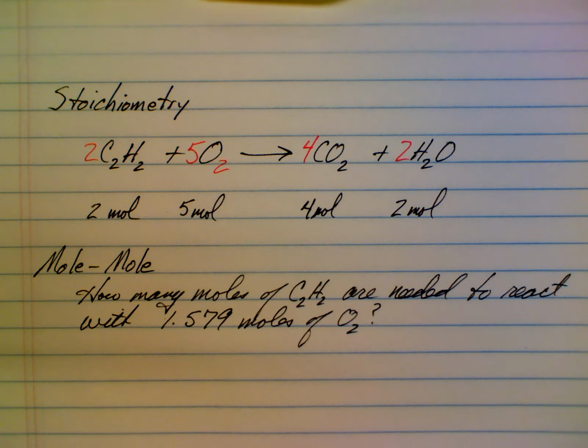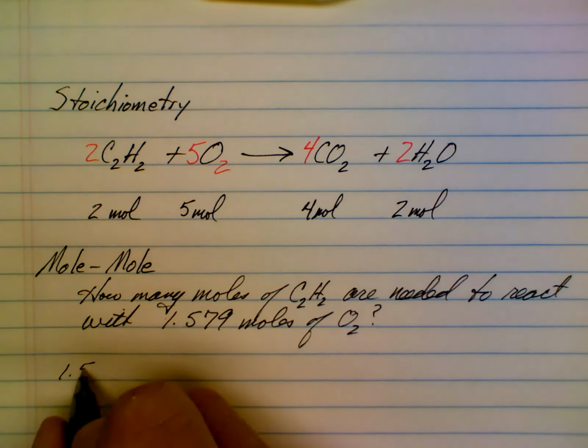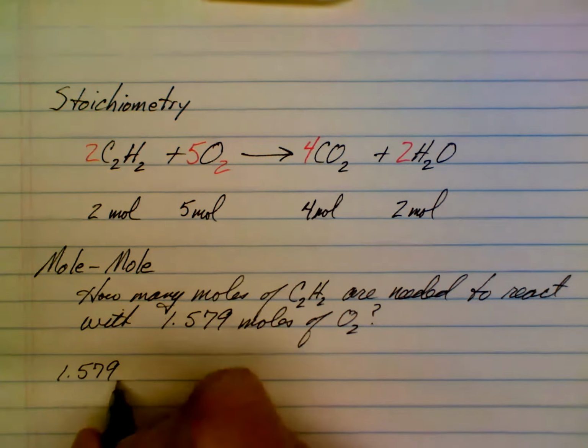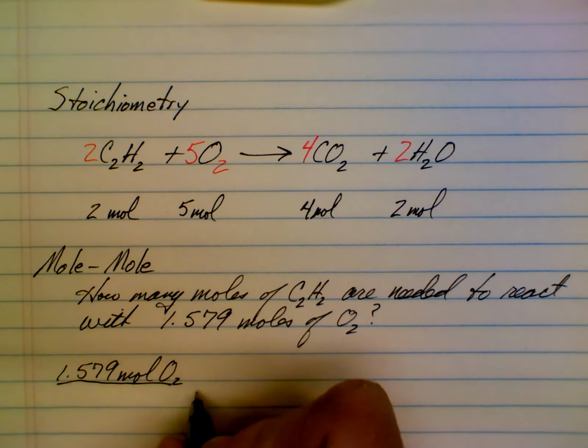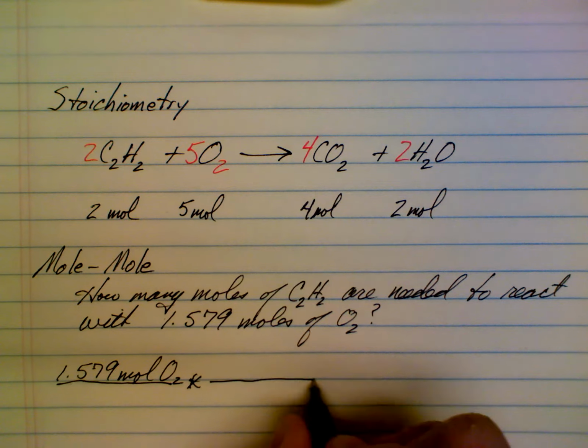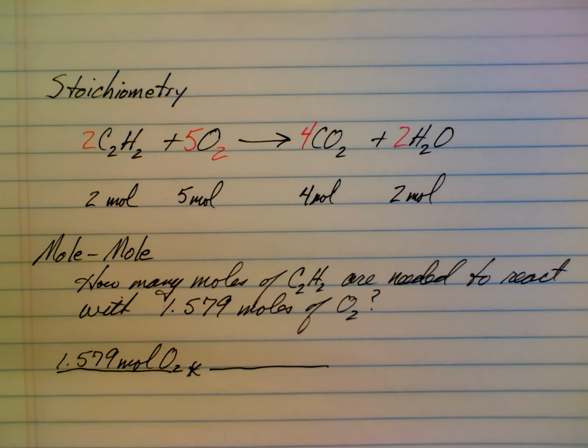Well, now we're going to use those mole ratios to do the calculation. So in this case, I'm going to have 1.579 moles oxygen. And I'm going to use these mole relationships to get my answer.